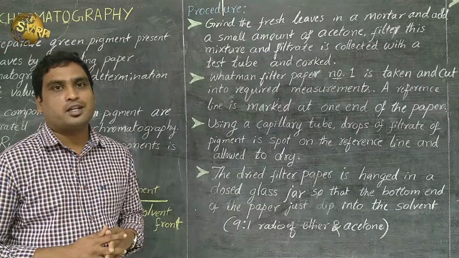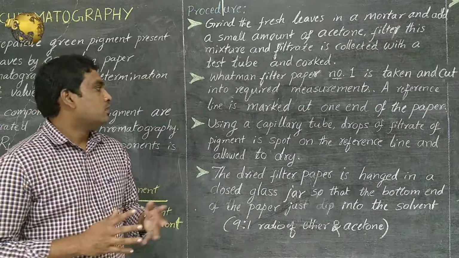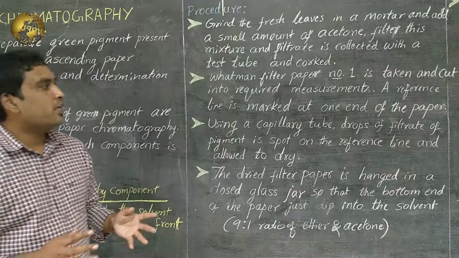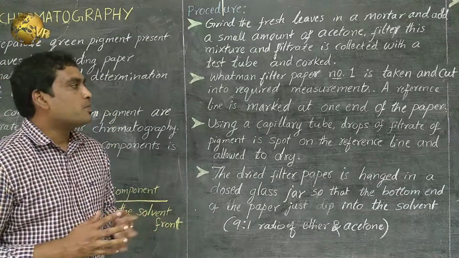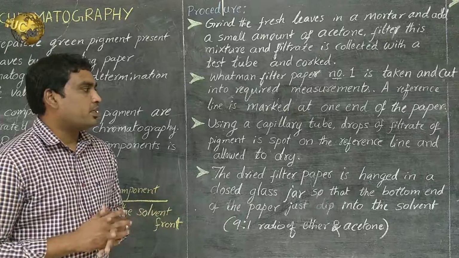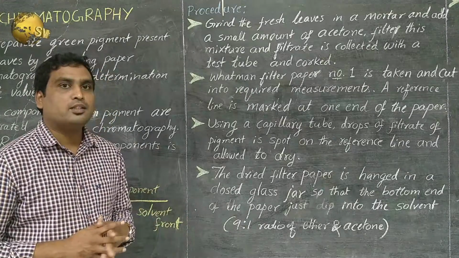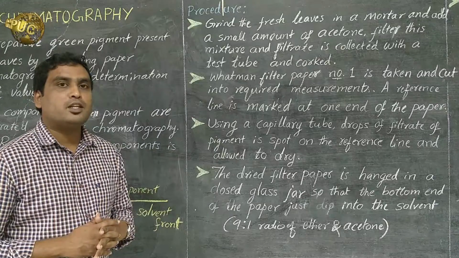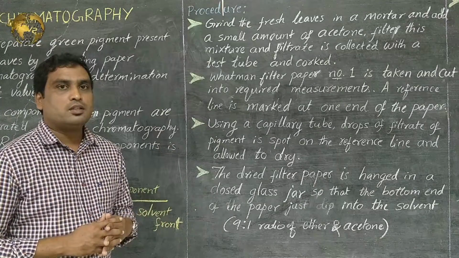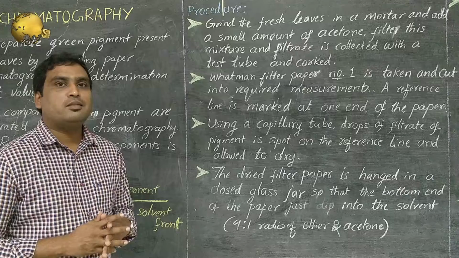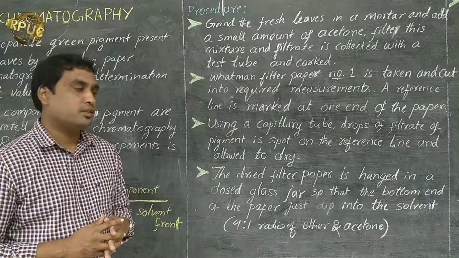Next, using a capillary tube, drops of the pigment filtrate are spotted on the reference line and allowed to dry. This is repeated until the spot becomes rich in pigment.